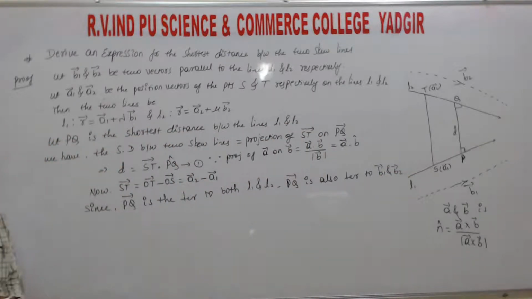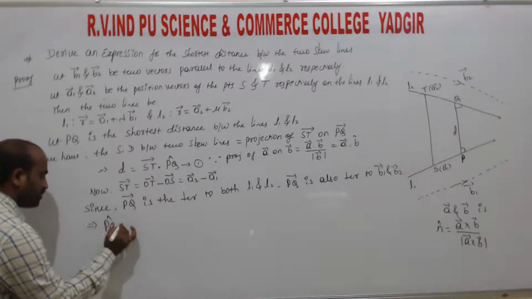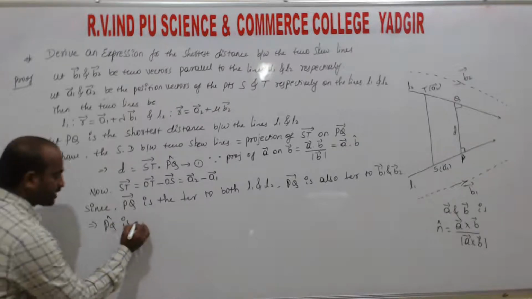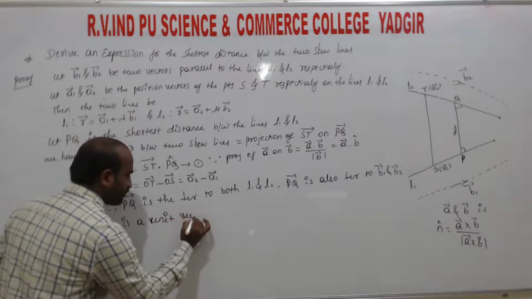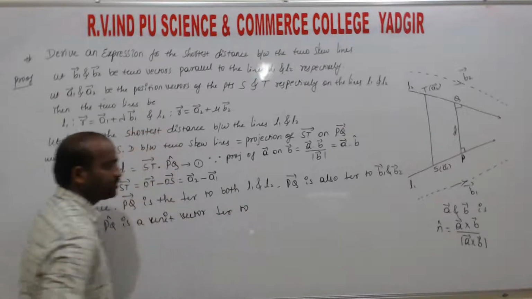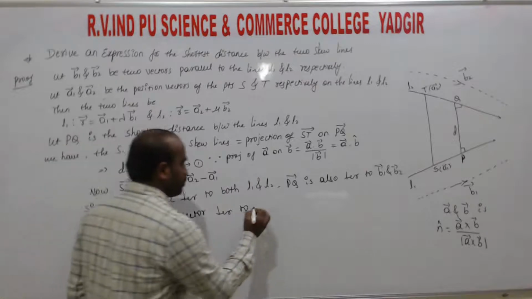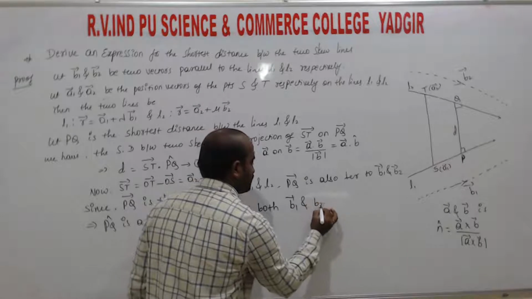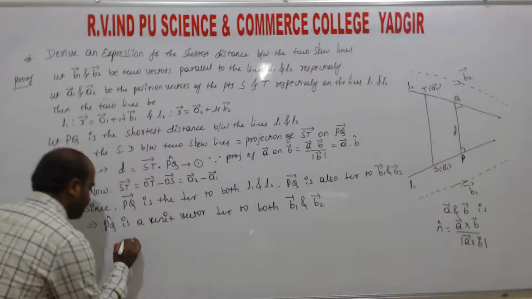This implies PQ cap is a unit vector perpendicular to both B1 vector and B2 vector.